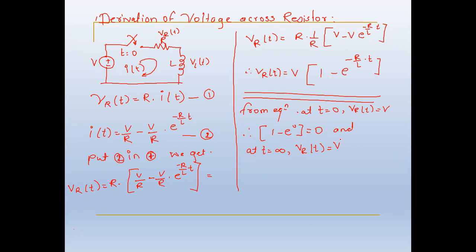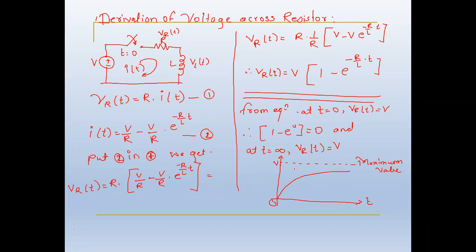As t increases, the voltage across the resistor increases exponentially. If we have to draw its graph, it will be like this, with VR on one axis and t on the other. So this is the derivation of the voltage across the resistor.